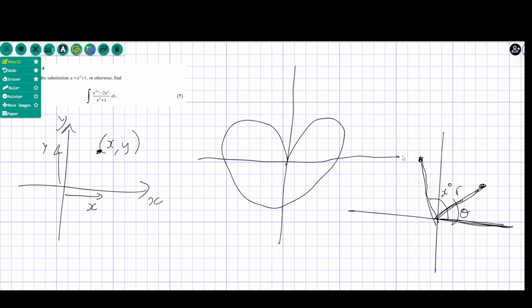And these are called, I guess the topic's polar coordinates, and you measure it based on angles and distances rather than x and y's. And then a whole different calculus comes out, because you want to find the area of this shape here. This is called a cardioid. We have these shapes which look like hearts, and it's kind of cool.